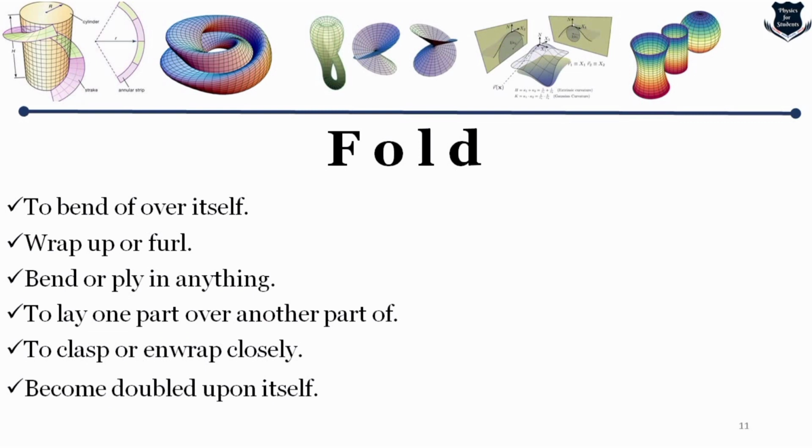If you look at the figure on the top of your screen, you will see all those features are present in those objects. They are bent, they are wrapped up, they are laying one part on another, and they carry diversities. So this gives you clarity on what is many and what is fold. All these shapes do have those features which we just read.